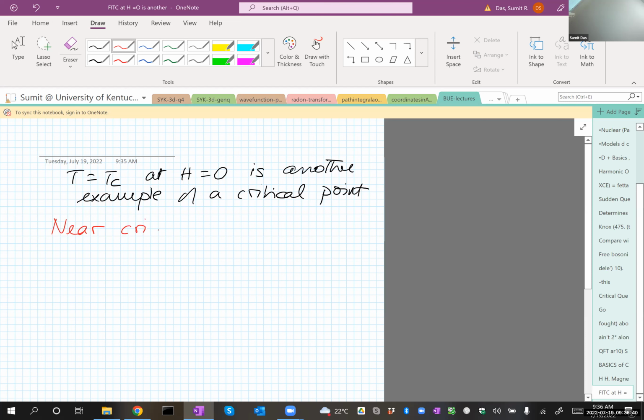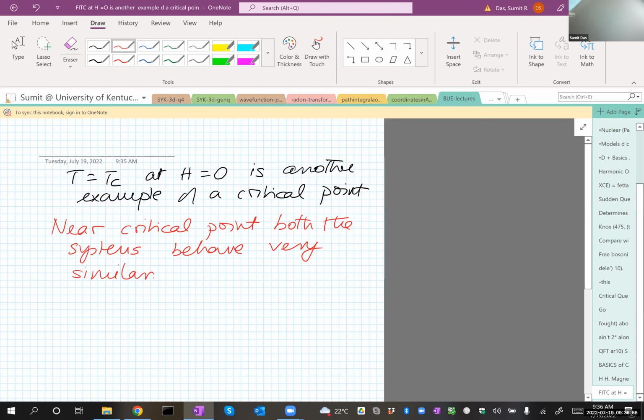Near the critical point, both the systems we talked about behave very similarly. Now, I need to make it a lot more concrete than what I mean by behaving very similarly.